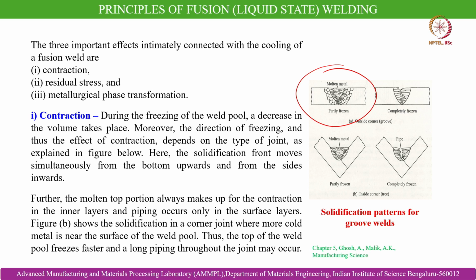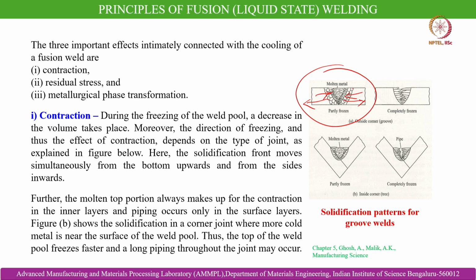Here the solidification front moves simultaneously from the bottom upwards and from the sides inwards. This is basically the direction. As we all know, it moves this way because the heat is getting extracted outward. Assume this is the mold, as we discussed in case of casting.